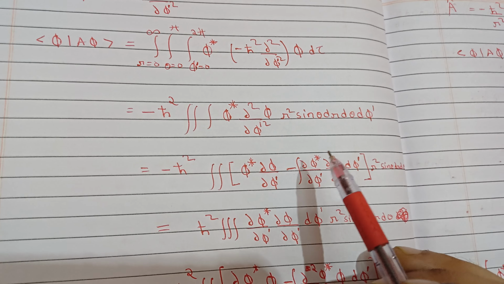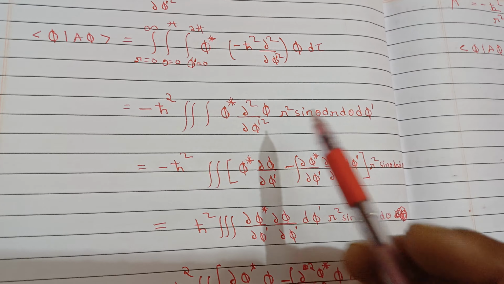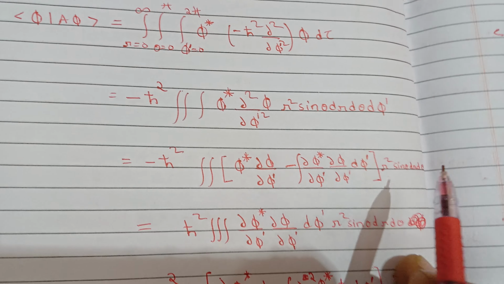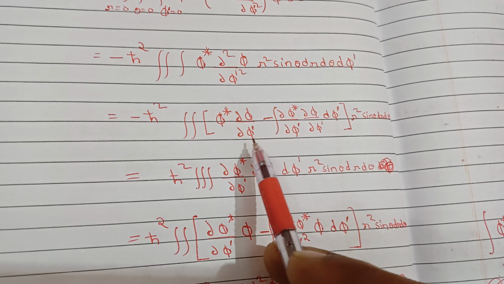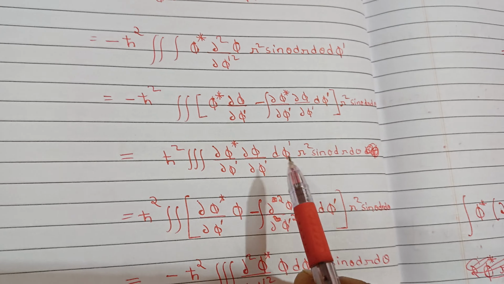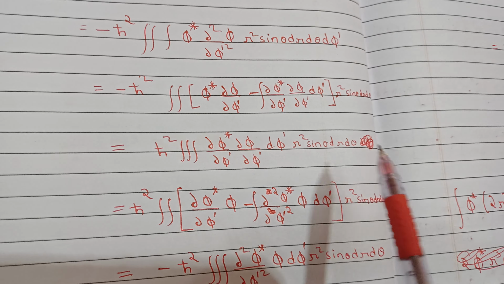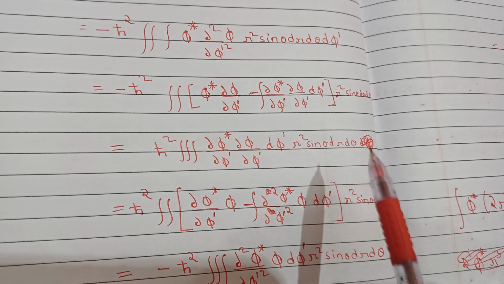So now this is the easy process. Again you will just differentiate this thing, meaning it will be phi. You will take this d phi dash this side and this is d phi dash. Now you can integrate this and take this r square sin theta dr d theta outside. So for this integration, use integration by parts, and this will give you this. Now this result can be written in this form, and again you will use integration, and this will give you this result.